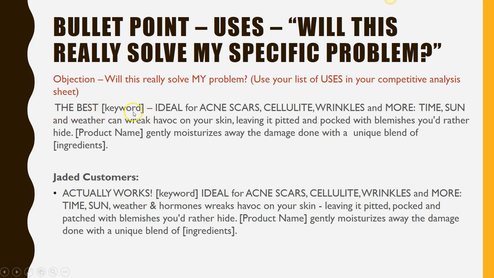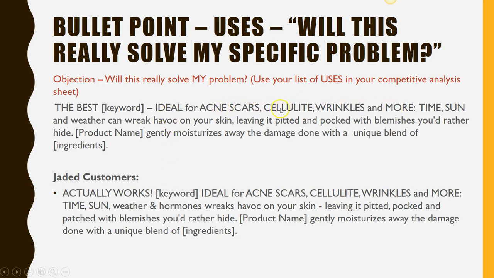This would be a skin cream of some sort. Let's see, leaving it pitted and pocked with blemishes you'd rather hide. Okay, so this would be like the best facial cream, the best moisturizer cream, right? This is your keyword here. You guys want to put your keyword towards the beginning of the bullet point if you can, at least your first one. Ideal for acne scars, cellulite, wrinkles, and more.